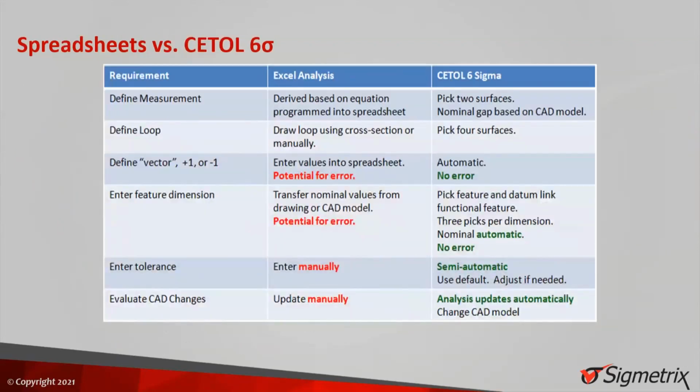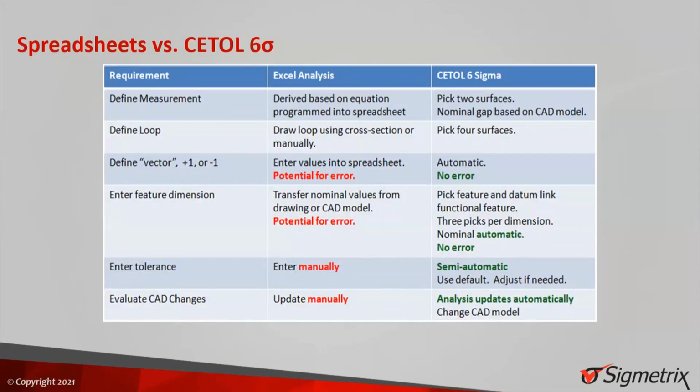Okay, here is a table that compares with the traditional method, say spreadsheet. So you can see that if you use the spreadsheet to do the stack-up, you need to derive the equation manually. But in CETOL, you just need to select the geometry surface.